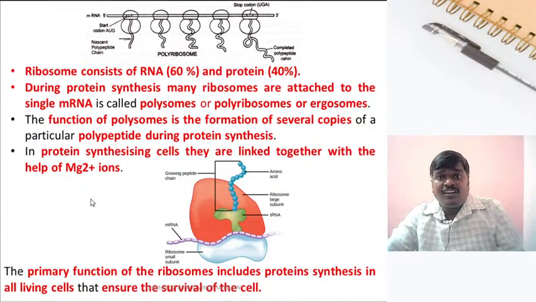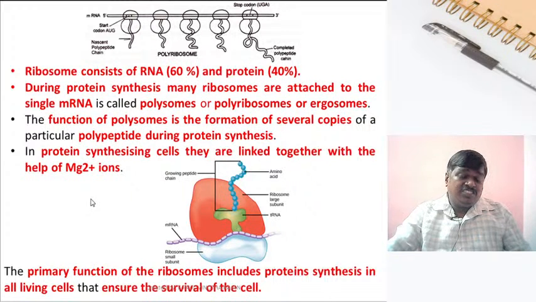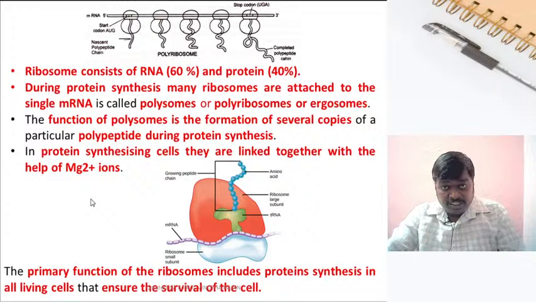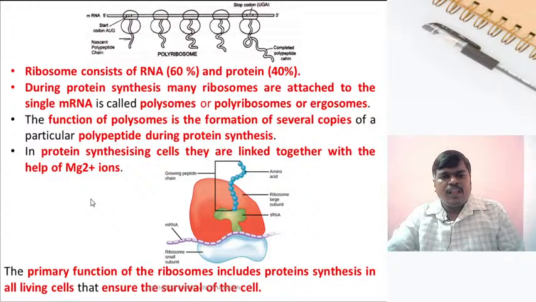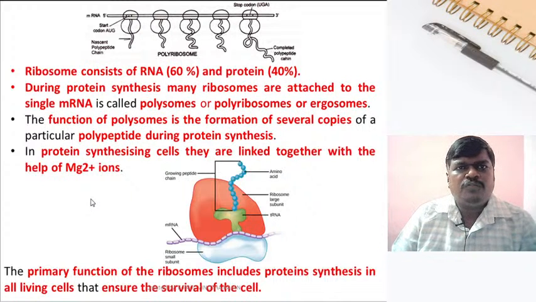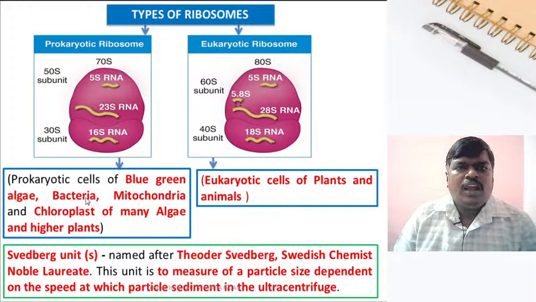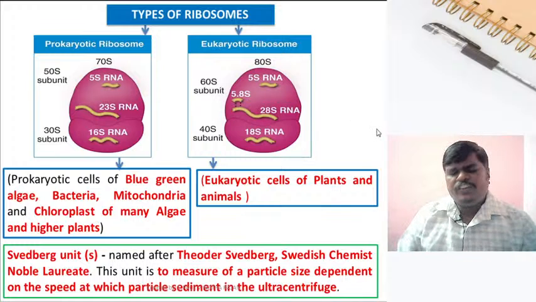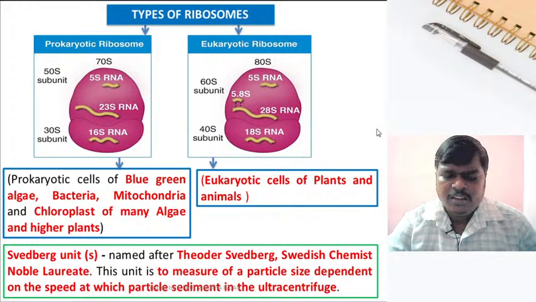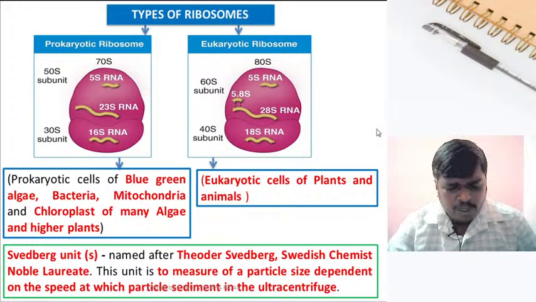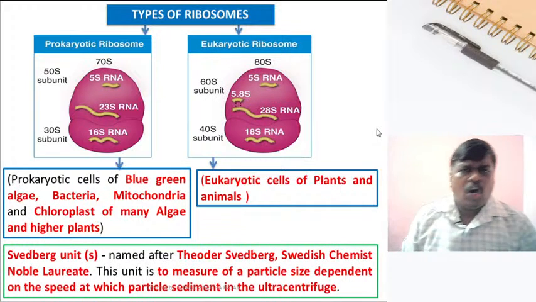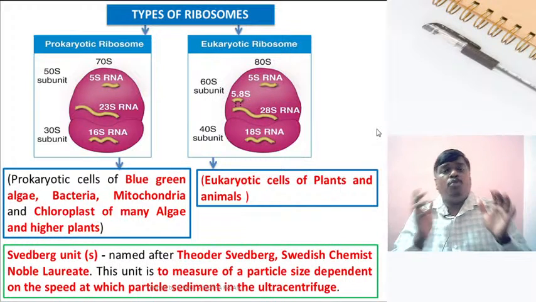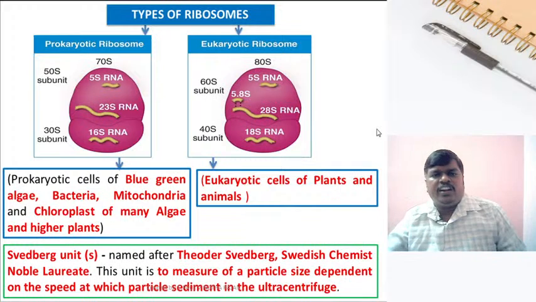So the protein synthesis by ribosomes directly ensures the survival of life. That is about the functions of ribosomes. And the types of ribosomes: there are two different types. They vary as prokaryotic ribosomes and eukaryotic ribosomes. This is an organelle present in both prokaryotic as well as eukaryotic cells.